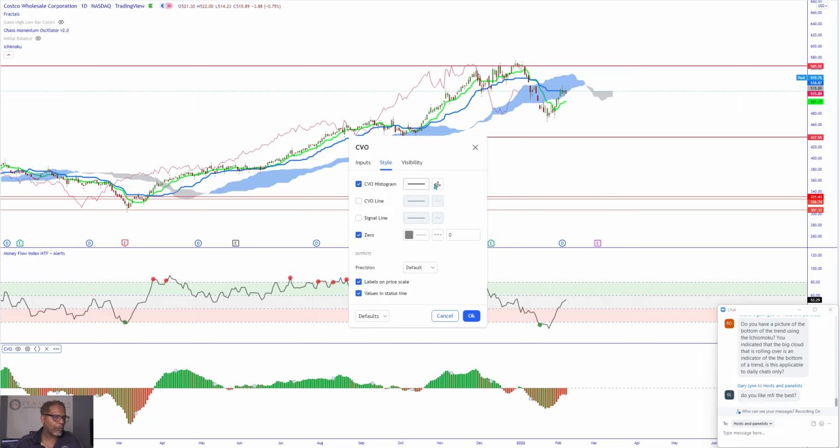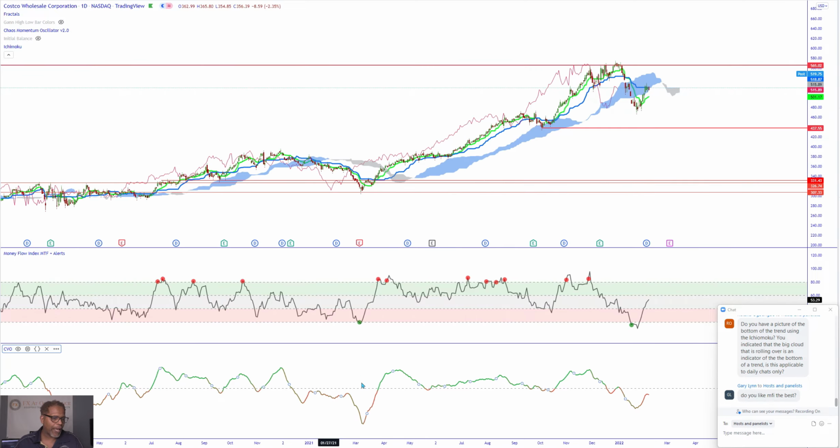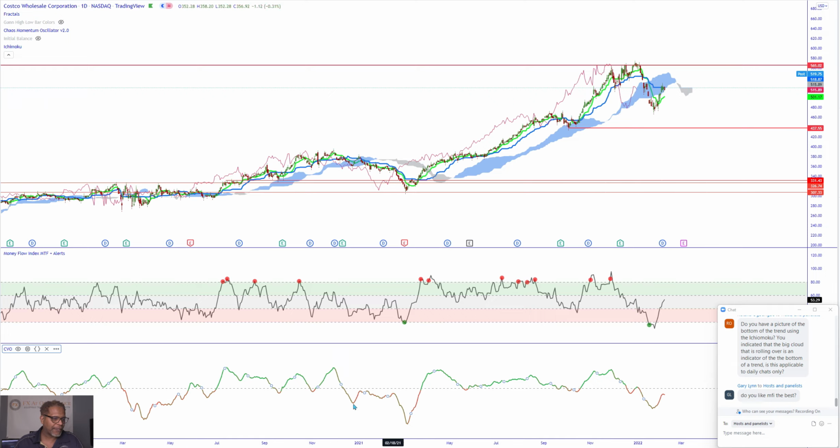Histogram, no. We won't be able to change it. Actually, yeah, we could. And you could use it like that, and then you would see the hidden divergence better because you see these kinds of peaks. But see, it's pretty much the same as the money flow.